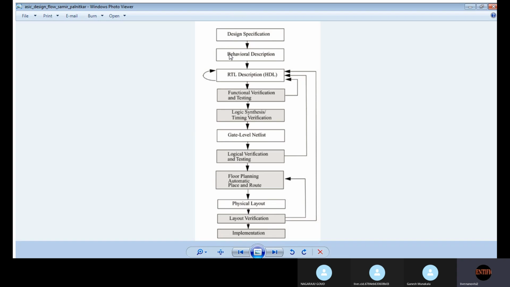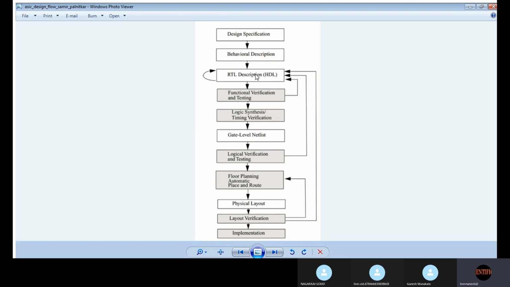Then the behavioral description, that means you will be writing the RTL code. You will be describing the behavior of that circuit. So here you will be writing the HDL code. It may be in Verilog or VHDL, anything, Verilog or VHDL only for this digital design.